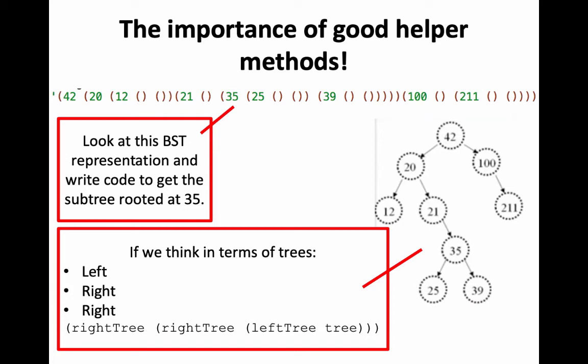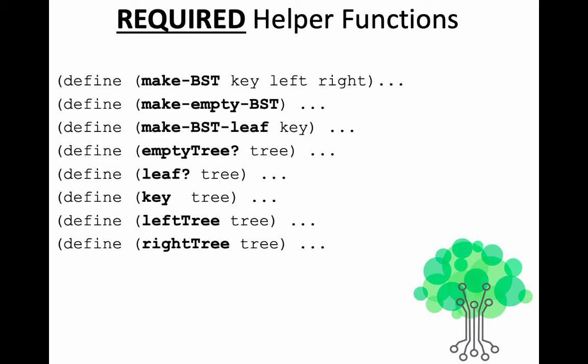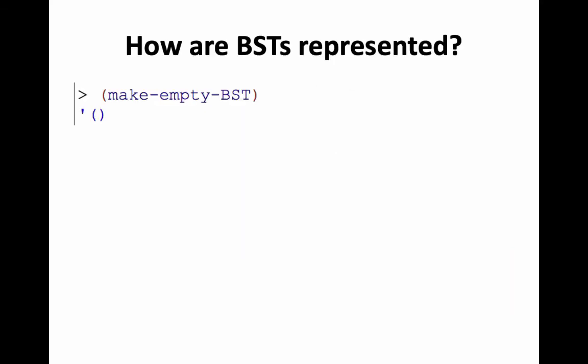And you can imagine that being able to use functions like right tree and left tree can make our code way easier to write and way easier to understand than if we were trying to work with the list structure by itself. So here, when we're doing binary search trees in Racket, we're going to have all of these helper functions. So an empty BST, that'll be represented as an empty list.